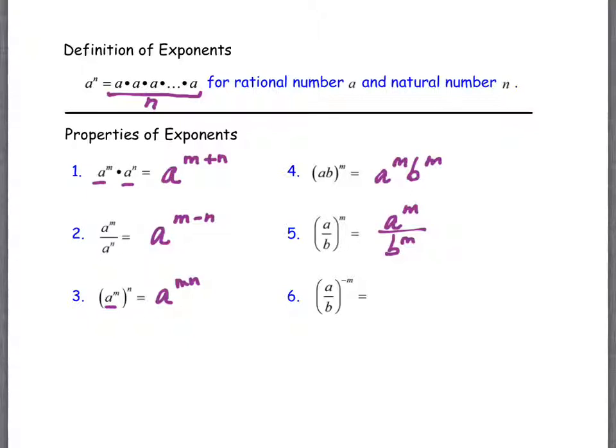It flips the fraction upside down. So this is actually equivalent to having b over a to the positive m. So I flip the fraction upside down. Then I actually can change the exponent to be a positive exponent. And then I could do the same thing I did on number 5. So this actually takes this and it writes it as b to the m over a to the m.